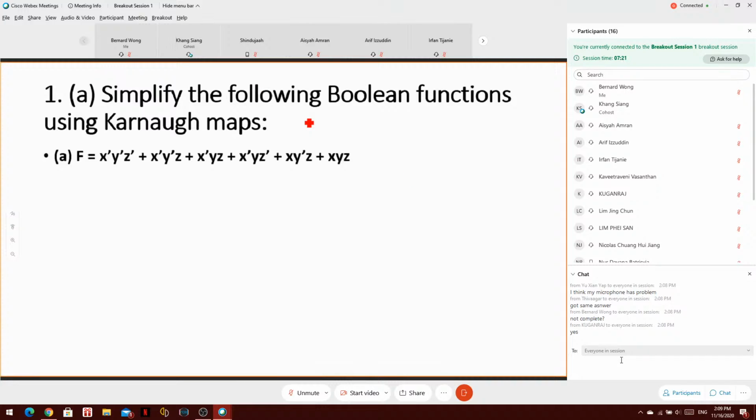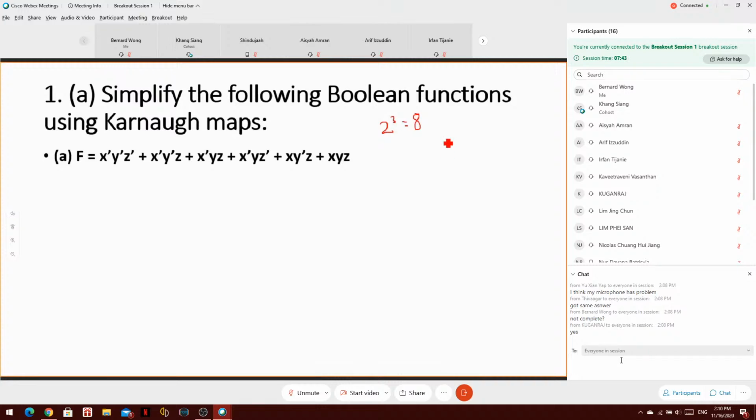When you want to use the K-map, the first thing you need to identify is how many elements there are. You know that X, Y, Z, so it's 3 elements. 2 to the power of 3 is 8. It will be 8 possible combinations.